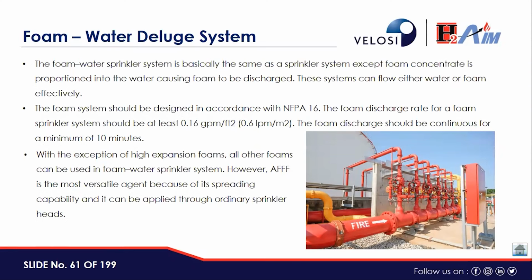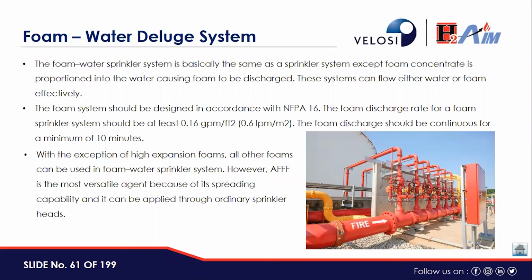Then foam water deluge system. The foam water sprinkler system is basically the same as a sprinkler system, except foam concentrate is proportioned into the water, causing foam to be discharged. These systems can flow either water or foam effectively. The foam system should be designed in accordance with NFPA 16.